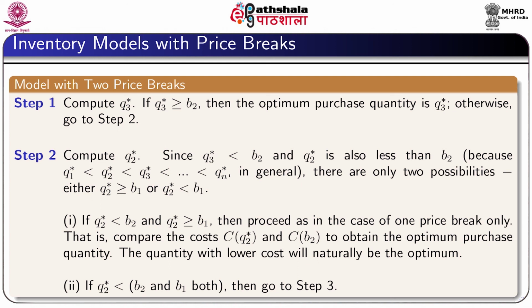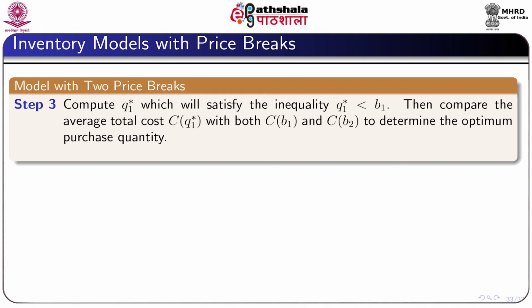Now, if Q2* is less than B1 and B2 both, then we proceed to the next step. In step 3, we compute Q1*, which will satisfy the inequality Q1* is less than B1. Then we compare the average total cost C(Q1*) with both C(B1) and C(B2) to determine the optimum purchase quantity.